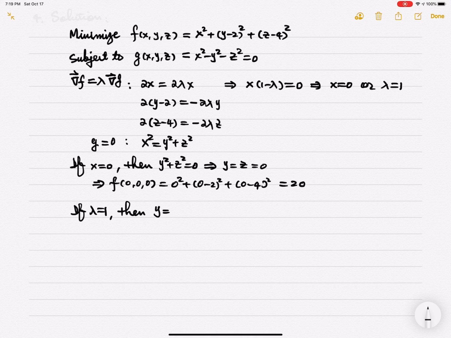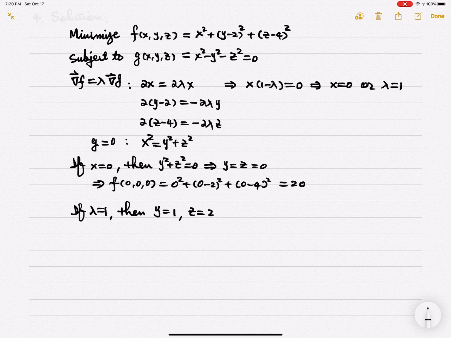So y must be 1. And then for z, if you substitute into the third equation, you have 2 times (z minus 4) equal to negative 2z. So you have 2z minus 8 equal to negative 2z. Moving negative 2z to the left-hand side, 4z equal to 8. z equal to 2.